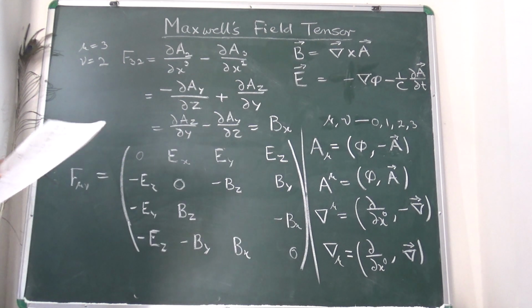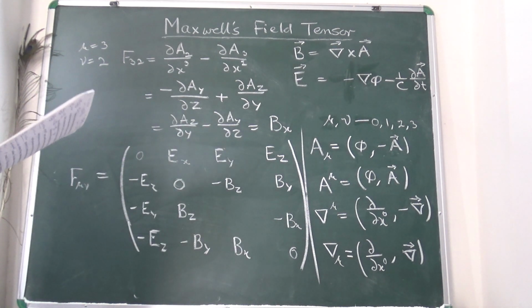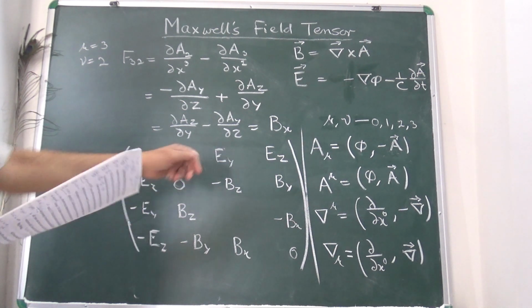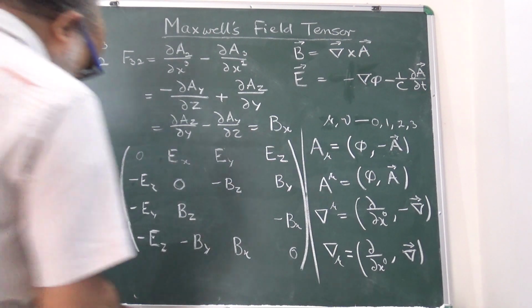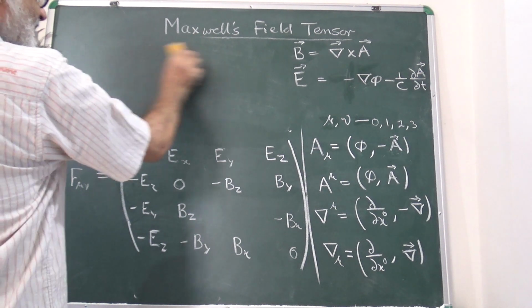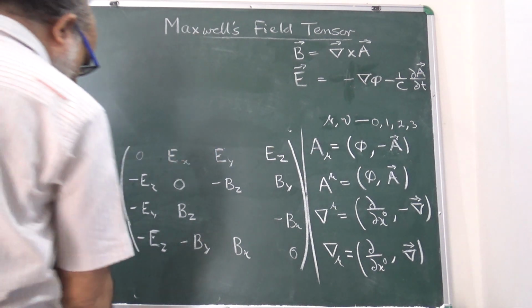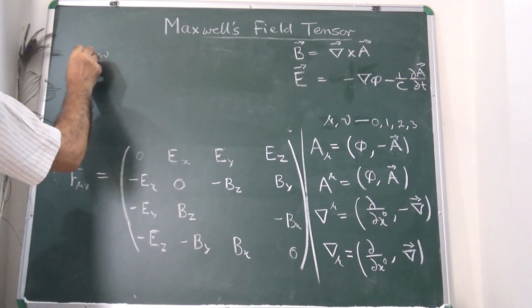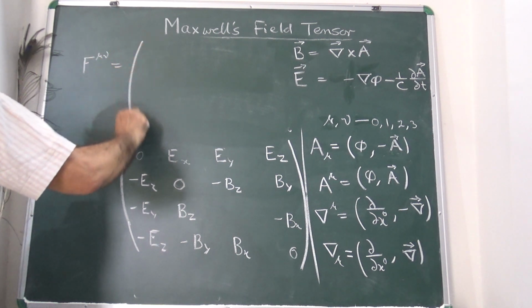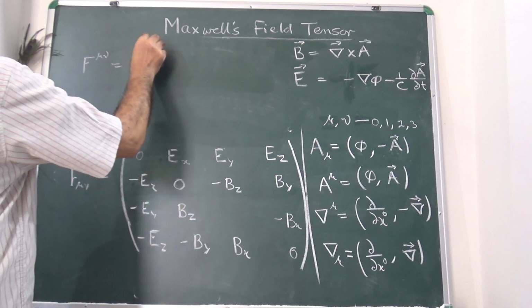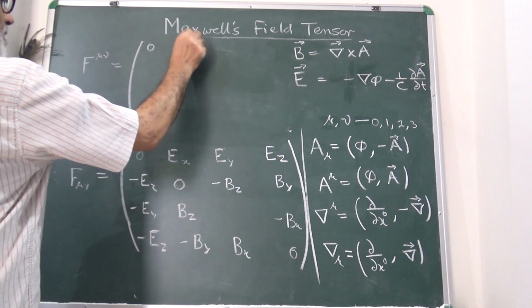So this is the tensor. Now if you take the contravariant component, this sign will change. This will be plus, this will be minus. If you take the contravariant component, the magnetic part will not change, only the sign of the electric field component will change.